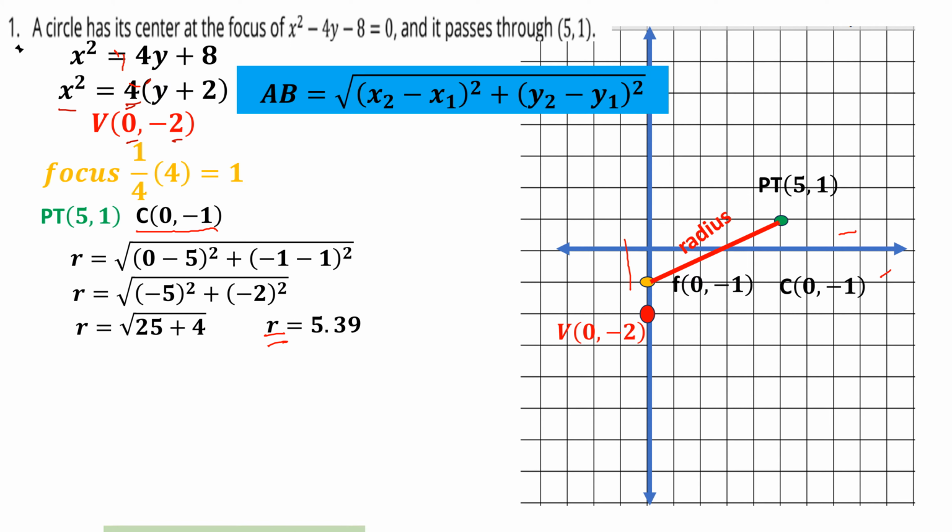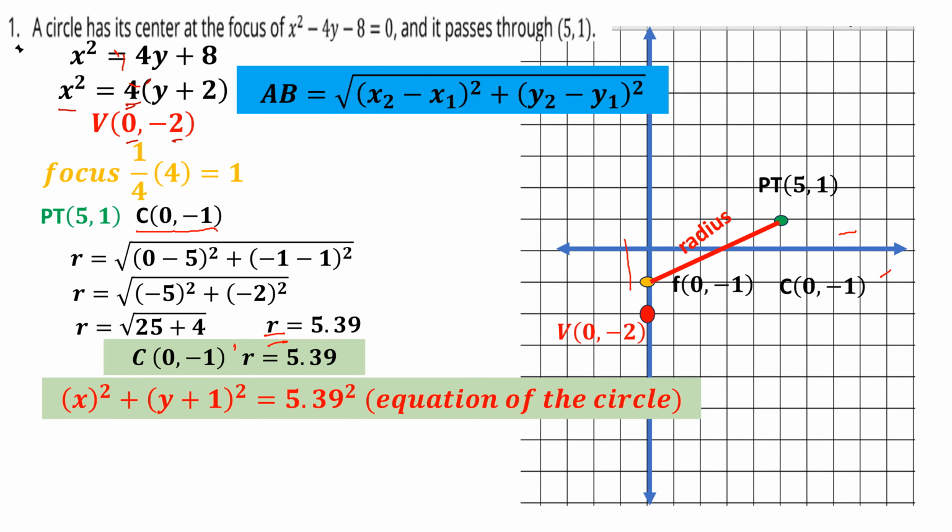This time we are ready to get the equation of our circle. To the formula, 0 is the x coordinate of the center, so we have x squared plus, since -1 is the y coordinate of the center, (y plus 1) squared is equal to 5.39 squared. So this is already the equation of the circle.